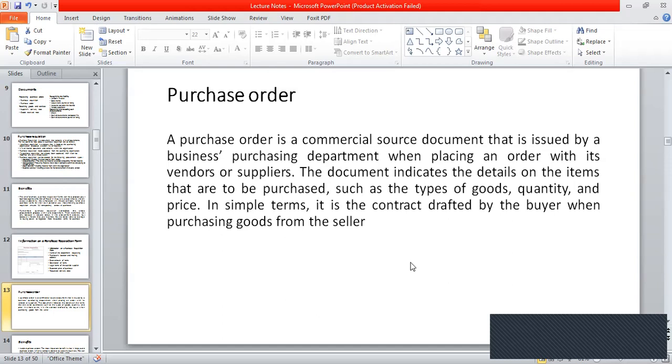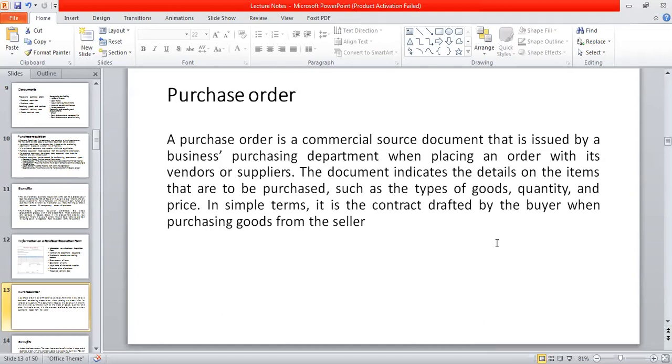The document indicates the details on the items that are to be purchased, such as the type of goods, the quantity, the price. In simple terms, it is the contract drafted by the buyer when purchasing goods from the seller.